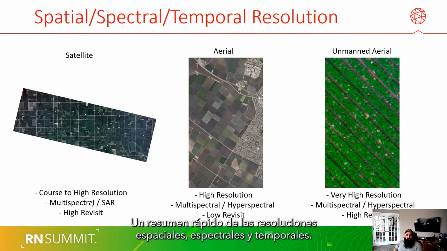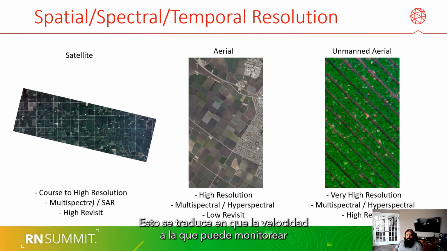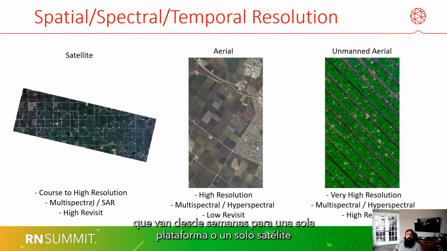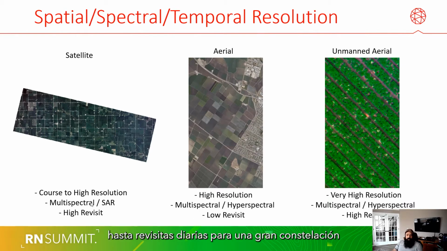So a quick recap on spatial, spectral, and temporal resolution. The rate at which you can monitor agricultural fields using imagery depends on the platform. Satellite imagery can have revisit times over a given area ranging from weeks for a single satellite, or daily revisit for a large constellation like Planet or Capella Space.